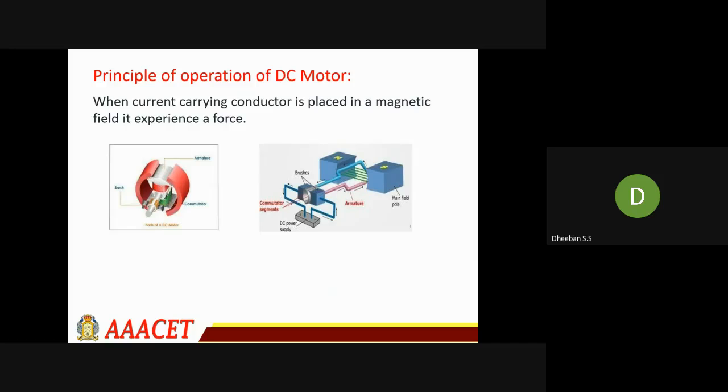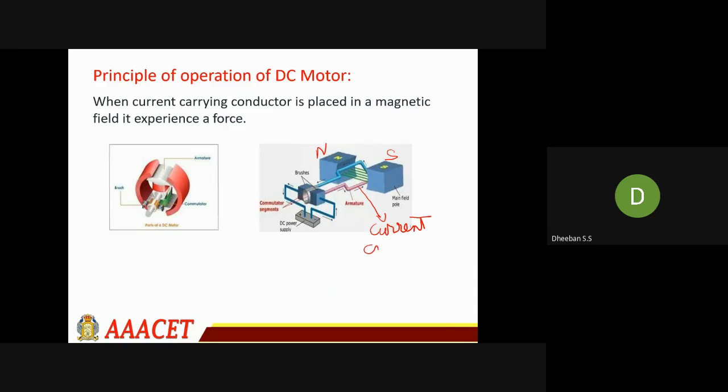As per this, whenever a current carrying conductor is exposed to a magnetic field, there'll be a flow of current over it. Here you can see these are the two magnets. This is your north pole, this is your south pole, and the current carrying conductor is over here.